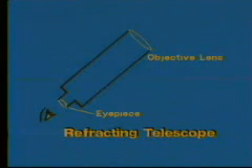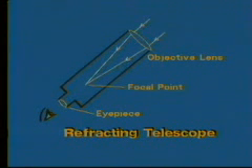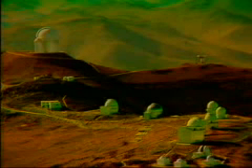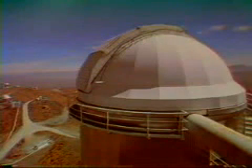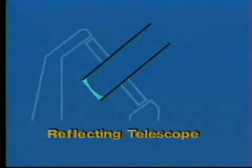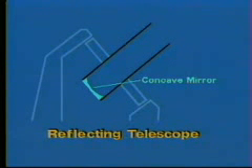In the refracting telescope, light from a distant object is brought to focus by the objective lens. The eyepiece is used to magnify the image of the object. But today, most modern observatories use reflecting telescopes. In the reflecting telescope, a concave mirror is used to form the image.